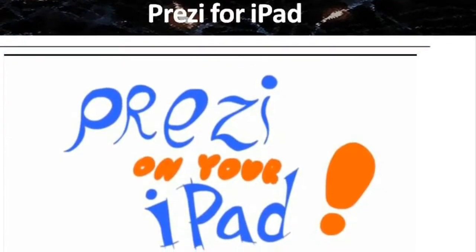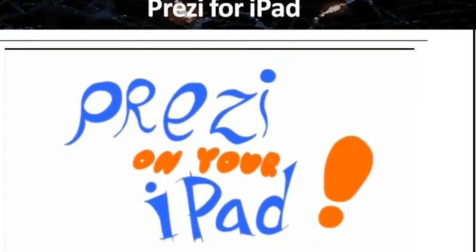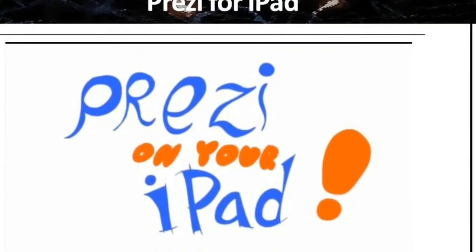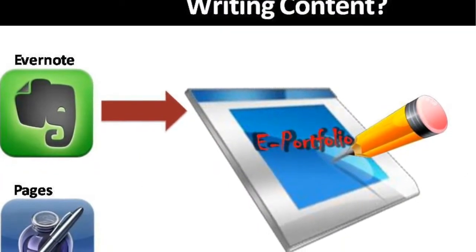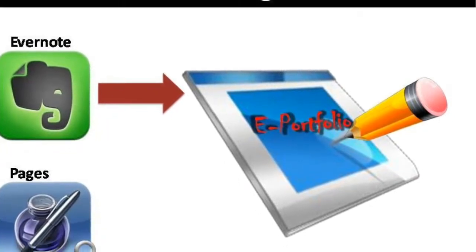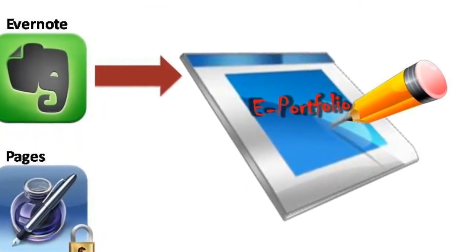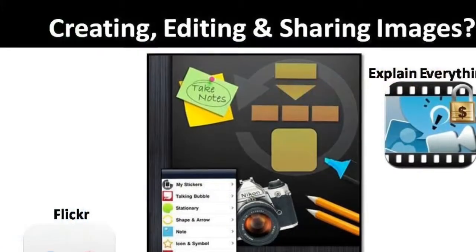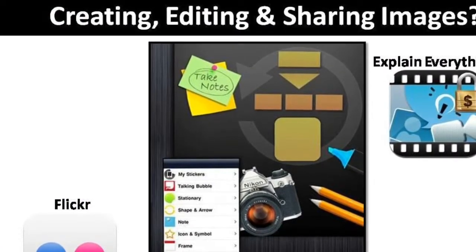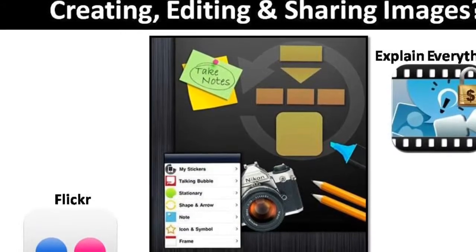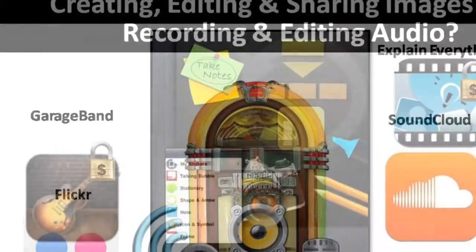Prezi, an important app for presenting our project. Concerning writing content, we can write our portfolio through Pages and Evernote, creating and sharing through Flickr for photos and Explain Everything, a wonderful app.